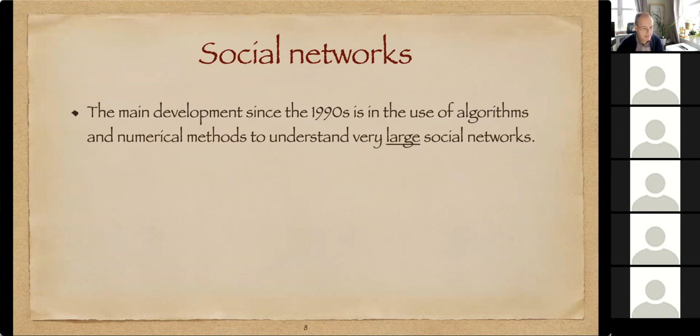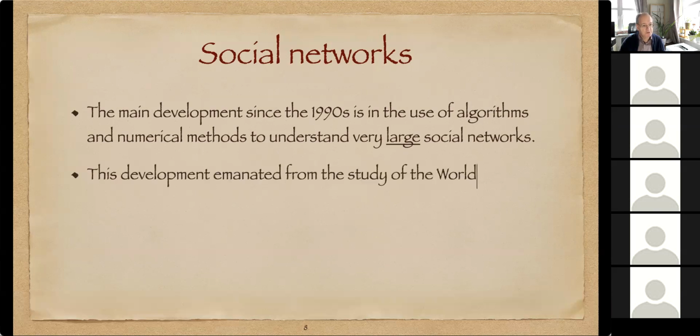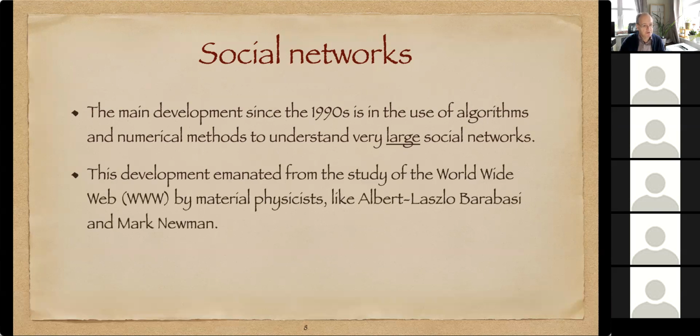And in the 2000s, in particular, this took off tremendously. So since the 1990s, we are using methods to describe very large social networks. And this is completely related to using computers and algorithms to describe these social networks and to map them and to determine the properties. So we are talking about large social networks, really large, millions of positions, millions of links.